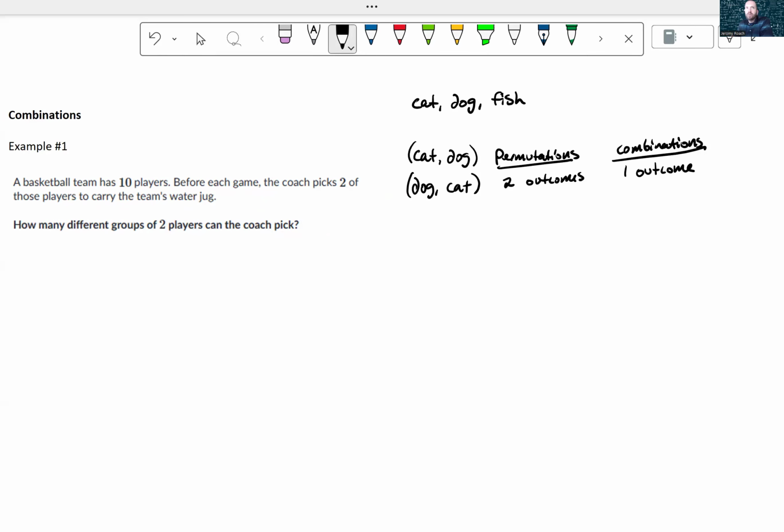Another way that helps me to remember the difference between permutations and combinations is to think about a combination lock. A combination lock is actually a permutation because when you put in the combination for your lock, the order of the numbers matters. If you enter in those numbers out of order, the lock won't open. So instead of calling this a combination lock, maybe a more appropriate name might be a permutation lock, because technically that's what a combination lock is.